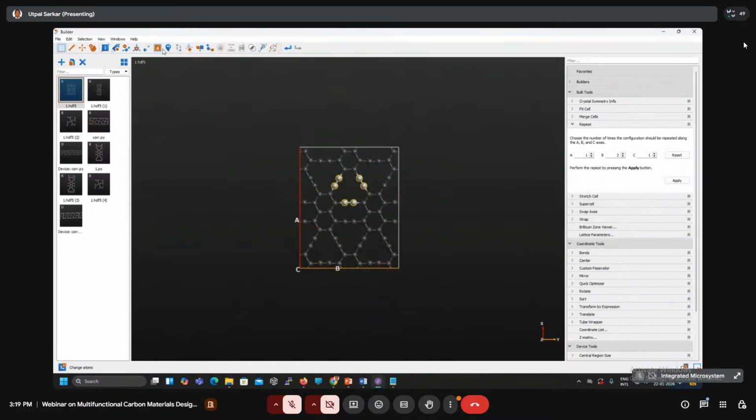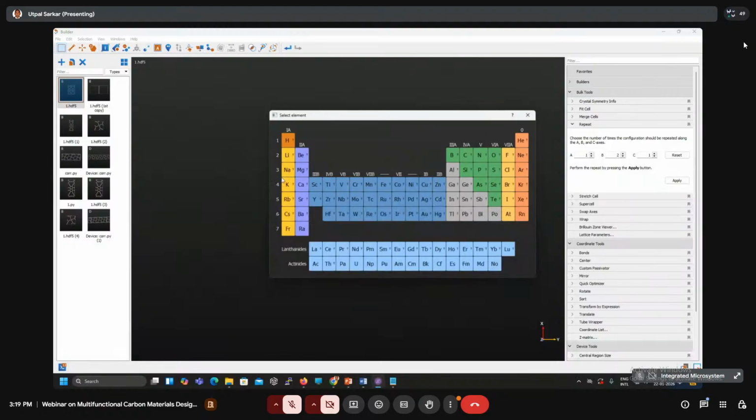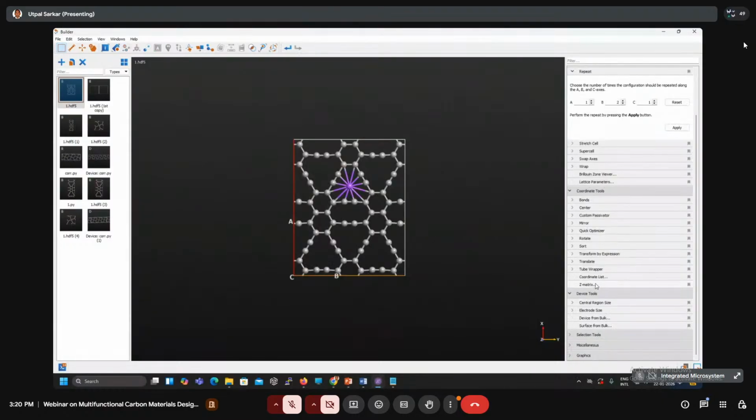Suppose this is one structure, and we will translate the potassium ion along the C direction at 2.59 distance above the plane.